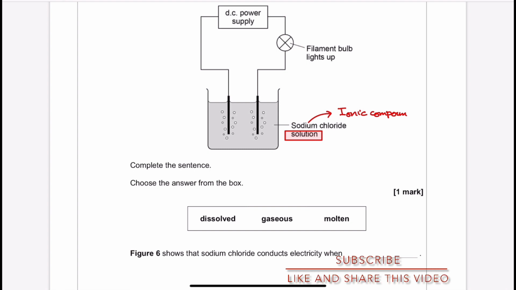Because there are free ions in these two states to move. Now we have to see that it is a solution, so therefore it is not in a molten state. So it is a solution of sodium chloride, so it is not in gaseous form. So sodium chloride conducts electricity when it is in dissolved form.